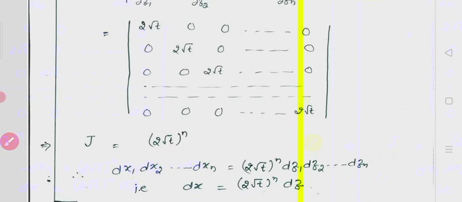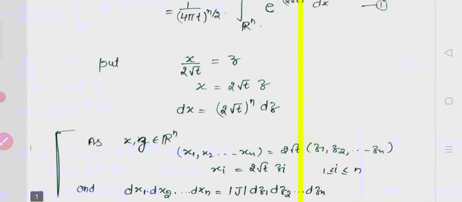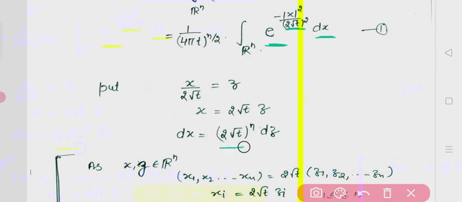Okay, so to simplify our integral, we got that value. In the first, that was the integral. Here it becomes e raised to power minus of z square, since we put that as z. And what is dx? dx is 2 root t power n into dz, right?